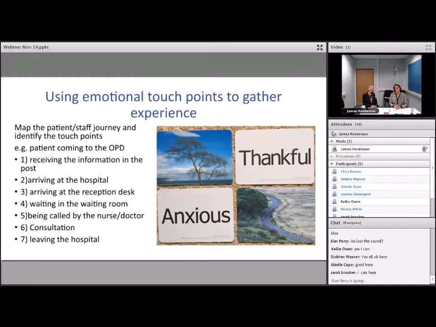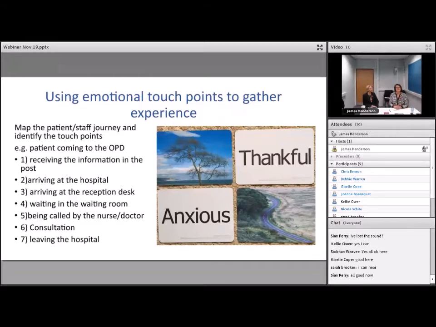So the emotional touchpoint method was developed by Belinda Dewar. She did a lot of work in Scotland around this, and then it was adopted by the co-production movement, and this idea of understanding people's experience through feelings. So a traditional way of gathering touch points is to look at a patient's journey.